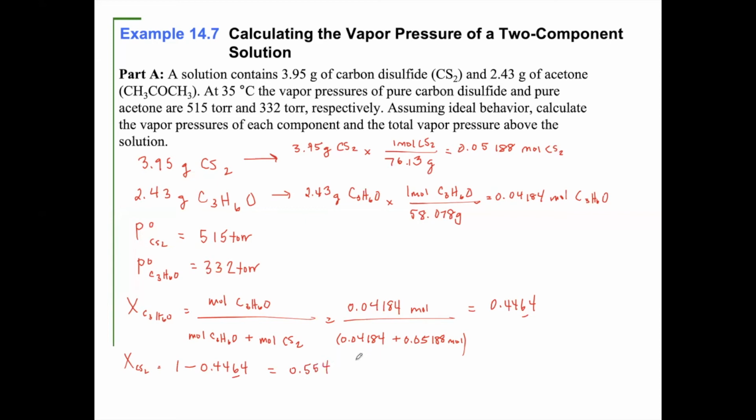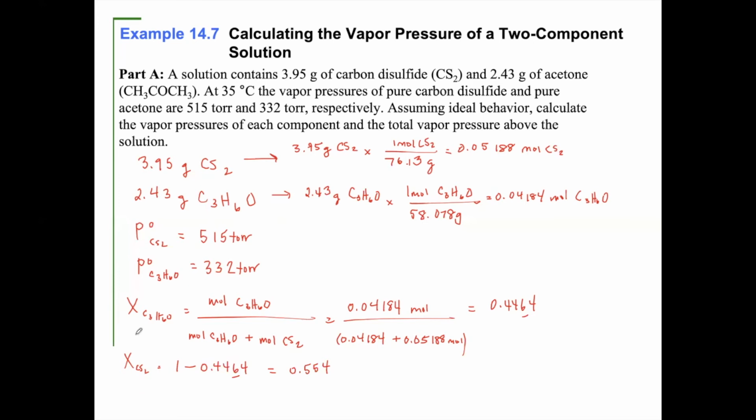So now we have our mole fractions. And the last thing to do is calculate the partial pressures for each of these using the pressures of the pure substances times their mole fraction.